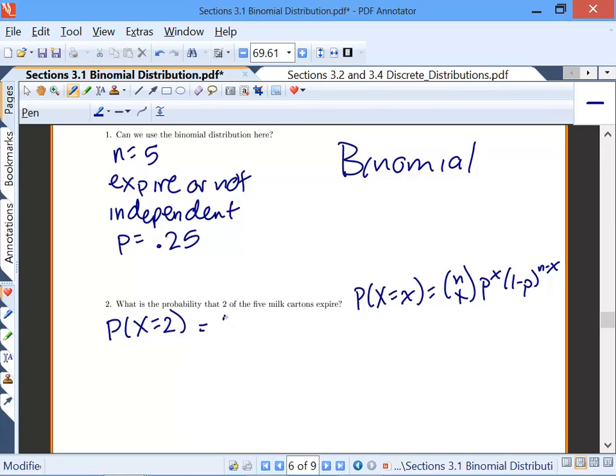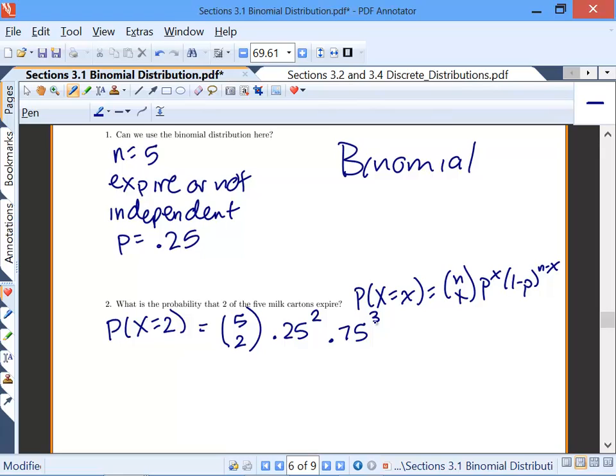So what this means is I say, okay, well I have 5 milk cartons, I need to choose 2 of them to expire. The probability of expiring is 0.25, and I need 2 of them to expire. Then what is the probability of them being good or selling before they expire? That is 0.75, and if 2 of them expire, how many of them have to not expire? 3.